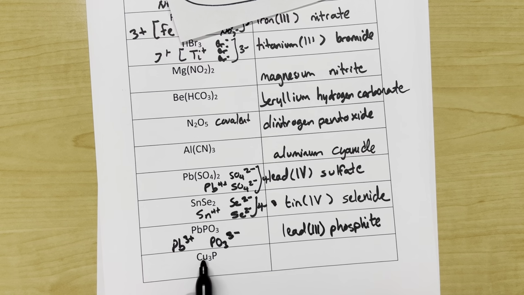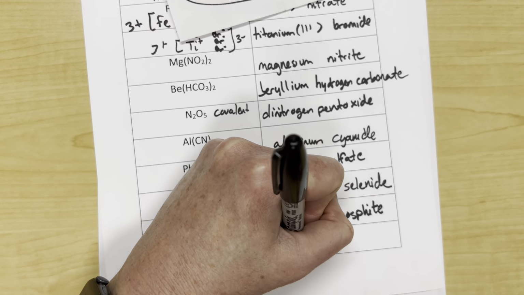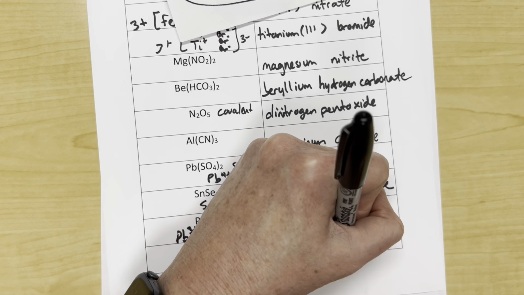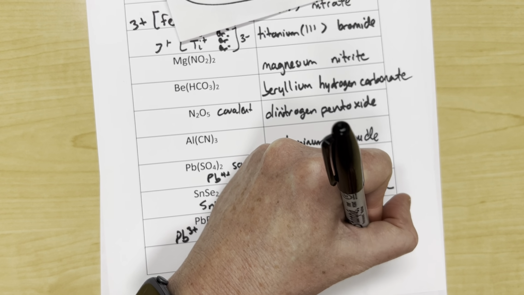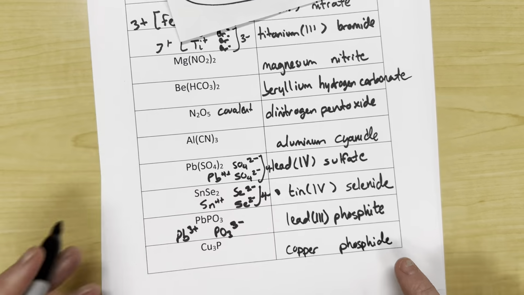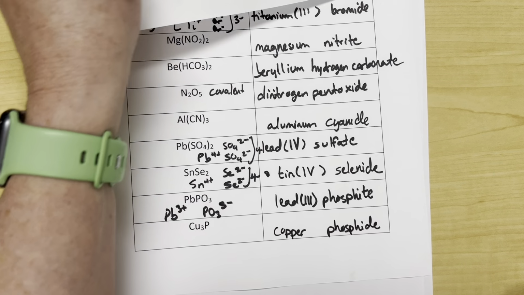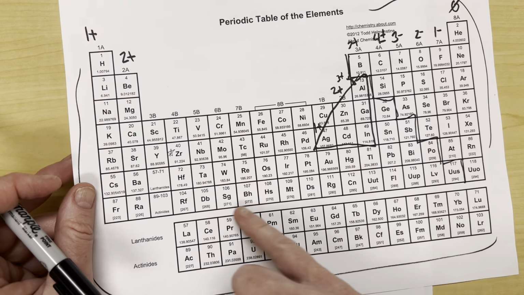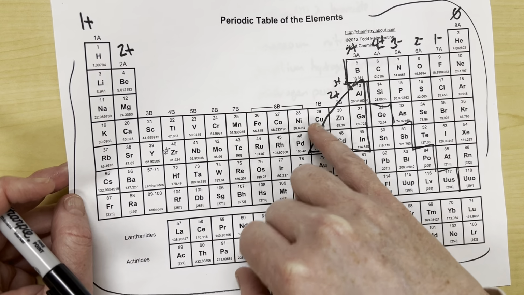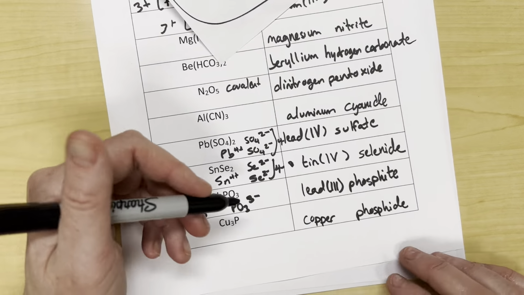Now we get to this one. Cu is copper. This is phosphide. So this is some sort of copper phosphide. Again, it's just -ide because it's coming from the periodic table. The P is coming from the periodic table. Copper, however, is right here. It's outside the triangle, so we have to include its charge.